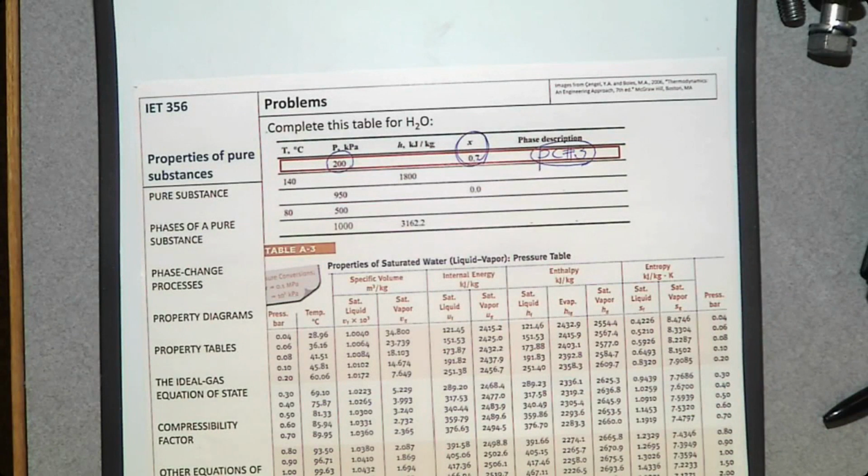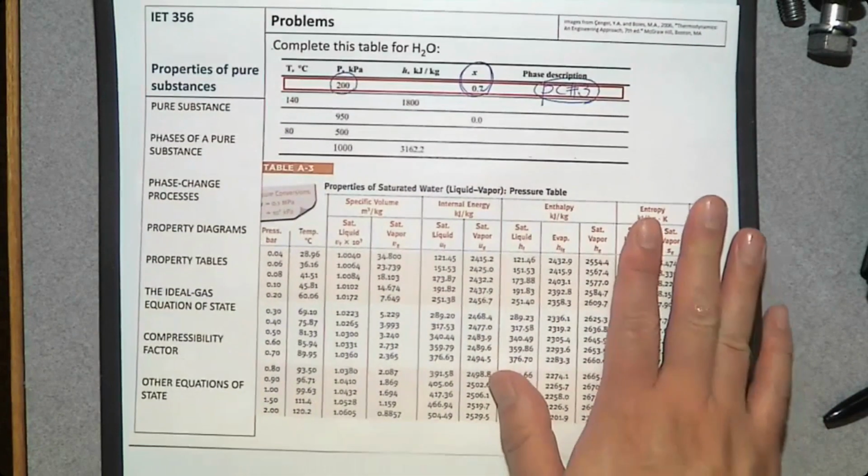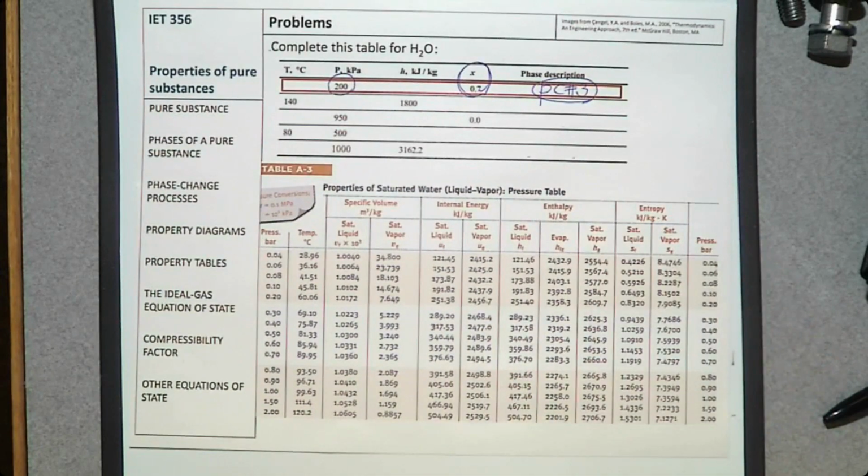To determine the saturation temperature at 200 kilopascal, you need to find 200 kilopascal on a table. We know pressure, so we use table A-3, the pressure table. In this table, pressure is the first column, and the unit is bar. 1 bar is 100 kilopascal, so 200 kilopascal is 2 bar.